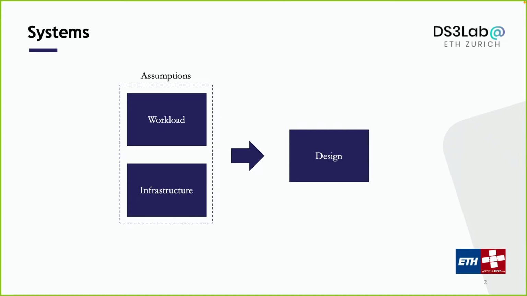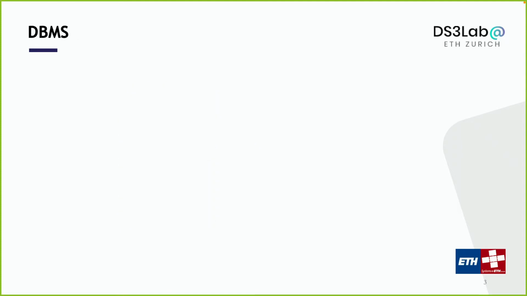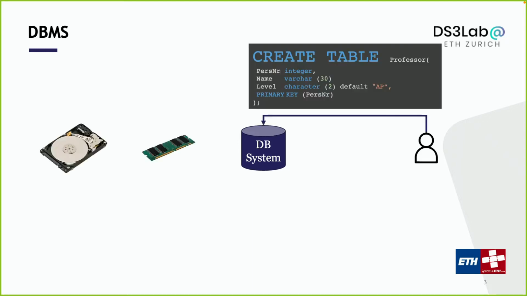So what are the workloads that we are going to focus on in this course? The workload we are going to talk about is essentially a relational database system. That is, the user is going to issue relational queries to the system. Whenever the user wants to create a table, the system is going to create a table on the hard drive.